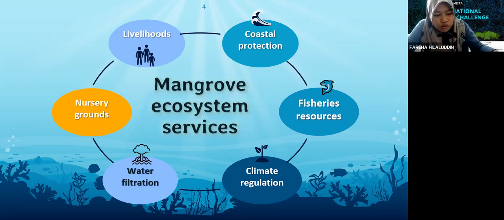When mangroves filter, we can conserve our seawater ecosystem. And the last one is nursery grounds, and of course lots of biodiversity in mangrove ecosystems, because most animals use mangrove ecosystems as breeding grounds.